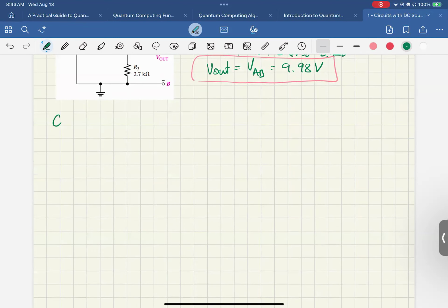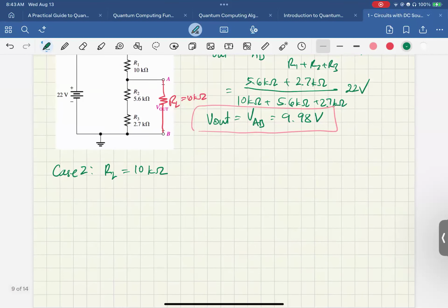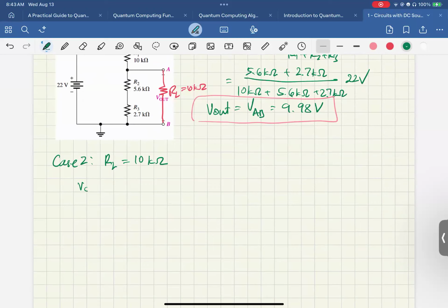Okay? So now let's consider yung case 2 na kung saan yung load resistance ay 10 kilo ohms. So saan nakalagay yung load resistance? Well, yung load resistance ay nakalagay dito. Nandiyan yung RL na 10 kilo ohms. So in that case, yung output voltage natin ngayon, across terminals A and B, yung R2 at saka yung R3 na in series ay parallel sa RL.